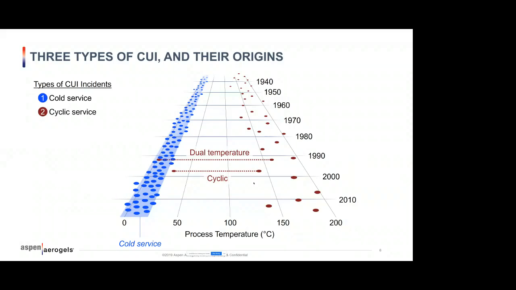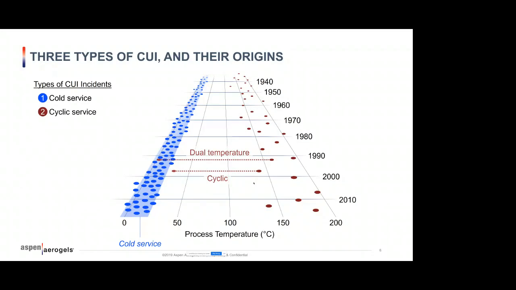So if your process is either operating in this temperature range or is traveling through this temperature range, and you have insulation on your pipes or your vessels, you will experience some kind of corrosion underneath that. And you'll see this kind of corrosion, cyclical corrosion, is not as aggressive because the actual process travels through the corrosion window, ends up at a higher temperature, but then maybe turned off on a weekend and so forth.